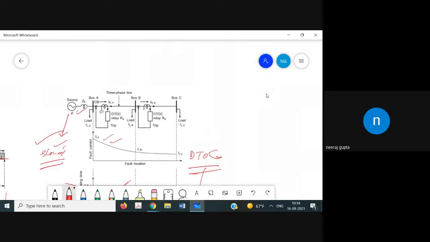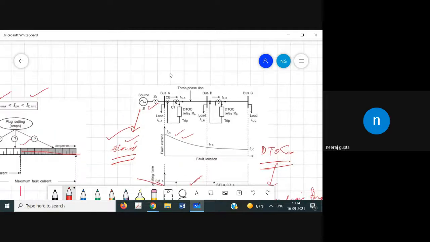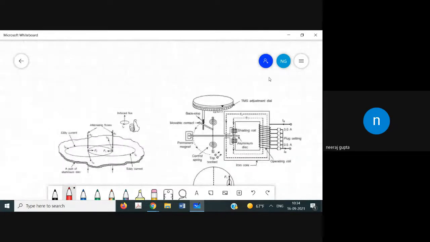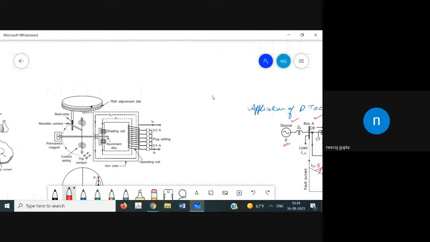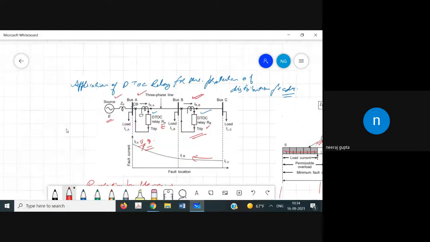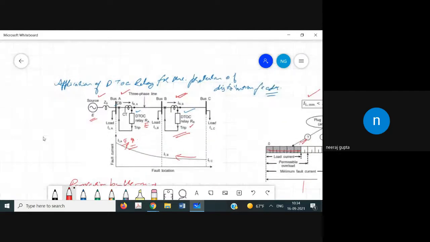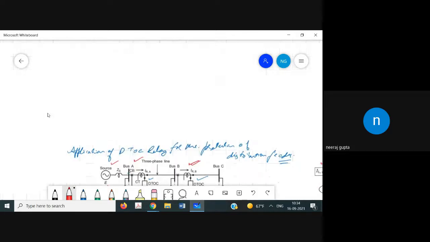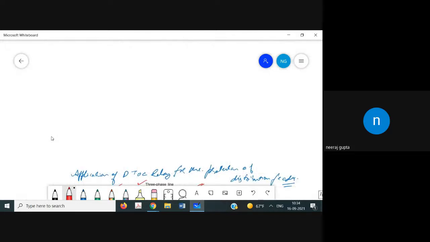Now, what are the questions which arise from this type of relay? First is, what is a DTOC relay?